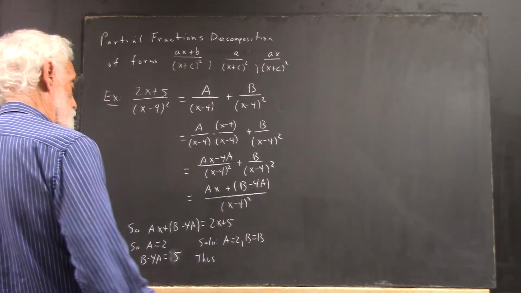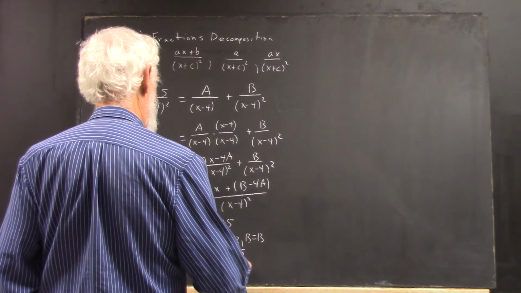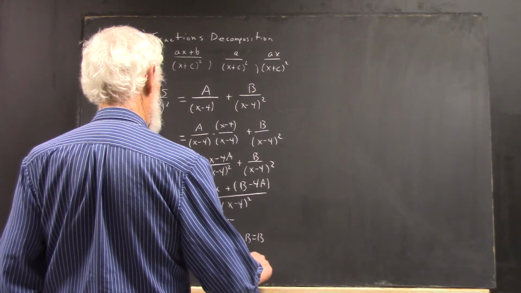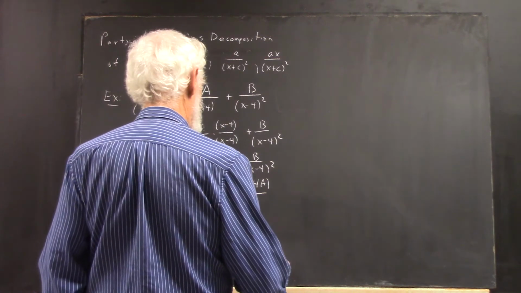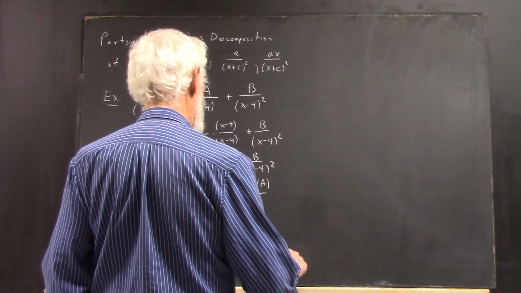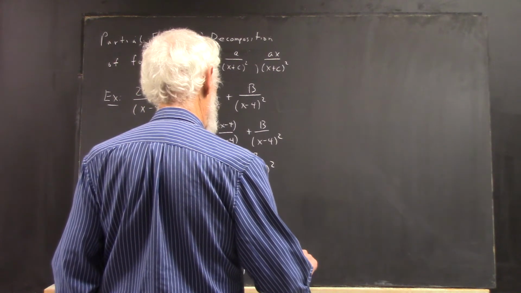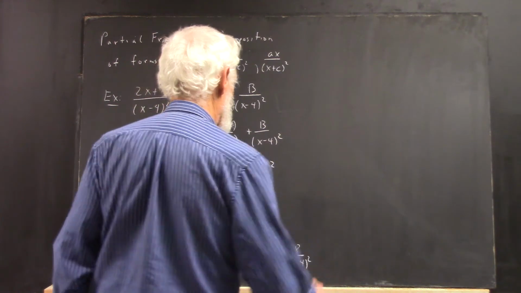And now we can say that 2x plus 5 over x minus 4 quantity squared is equal to 2 over x minus 4 plus 13 over x minus 4 quantity squared.